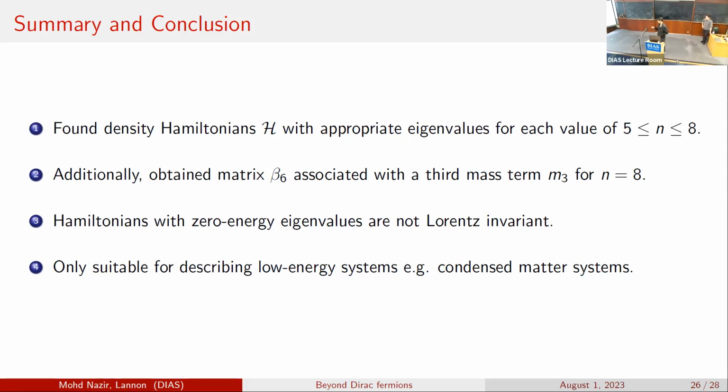And so we found n by n density Hamiltonians for each case, and we were in the process of trying to construct a general method that we could apply to each case n between 5 and 8, which, well, I didn't include it in this presentation, but you could check it in the report, because it only accounted for the 0 eigenvalue and 1 eigenvalue corresponding to 1 independent mass, but the second independent mass was still a bit arbitrary, specific to each n case.